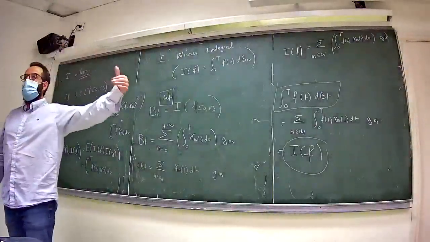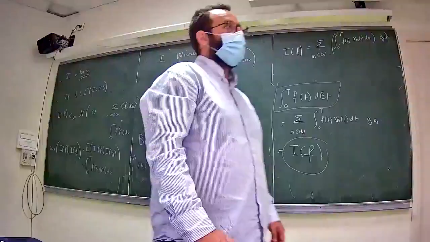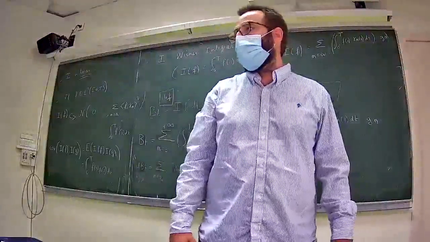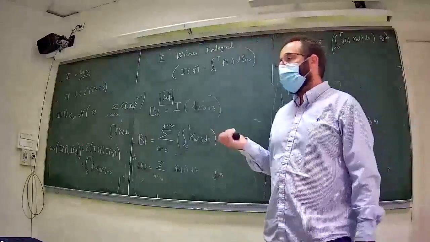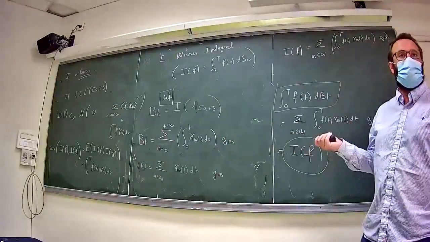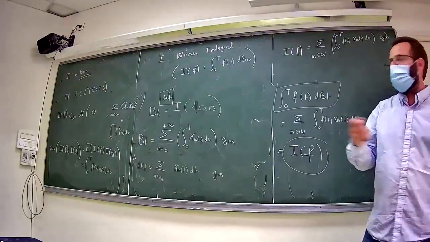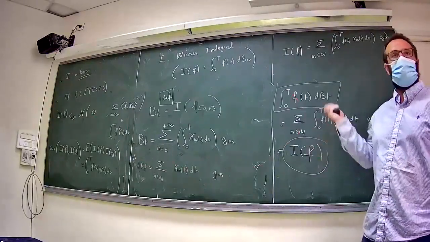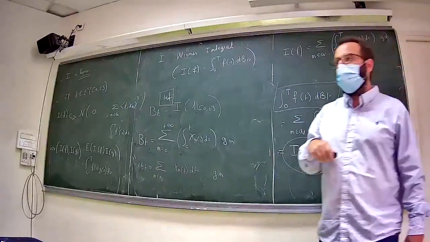All the properties we are going to see now about the Brownian motion will be possible to have for the Wiener integral also. So when I come back to this proposition, since I have done the construction and since we are going to study the Brownian motion, I won't do the proof of this one. It will be an exercise for you, but in fact, everything was done today in class together in order to prove this.